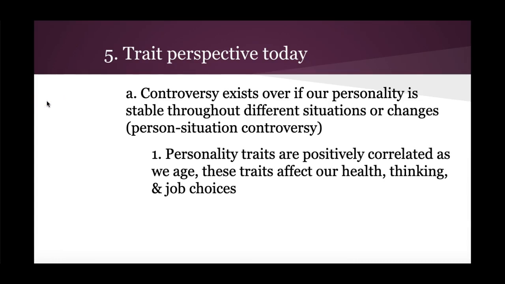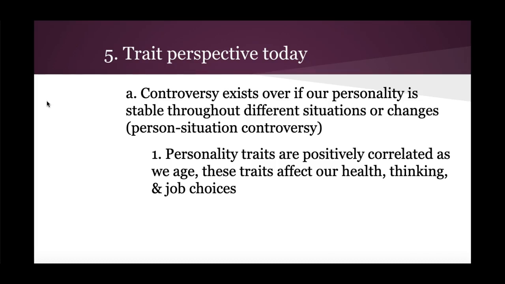Personality traits are also positively correlated as we age. So these traits affect our health, our thinking, and our job choices. What does that mean, positively correlated? As I age, what happens to my traits? They become stronger.